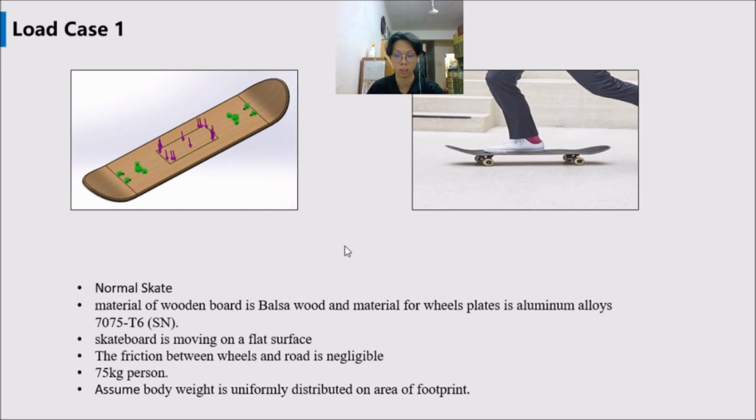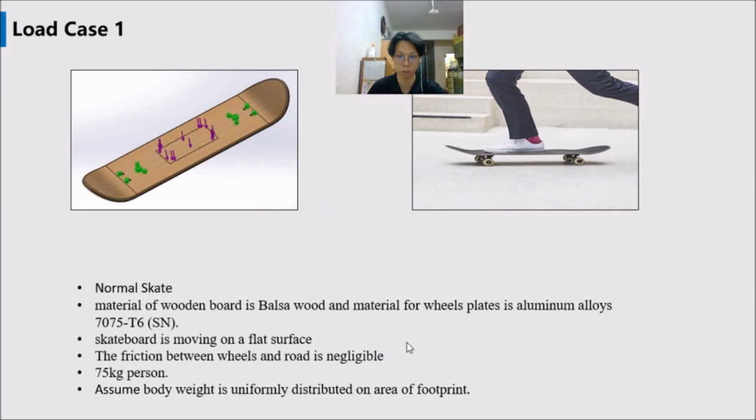For our simulation, the material chosen for the wooden board is balsa wood, and for the bottom part, the material for the wheel plate is aluminum alloy 7075-T6. Before we start the simulation, a few assumptions were made: the skateboard is moving on a flat surface and the friction between wheels and road is negligible.